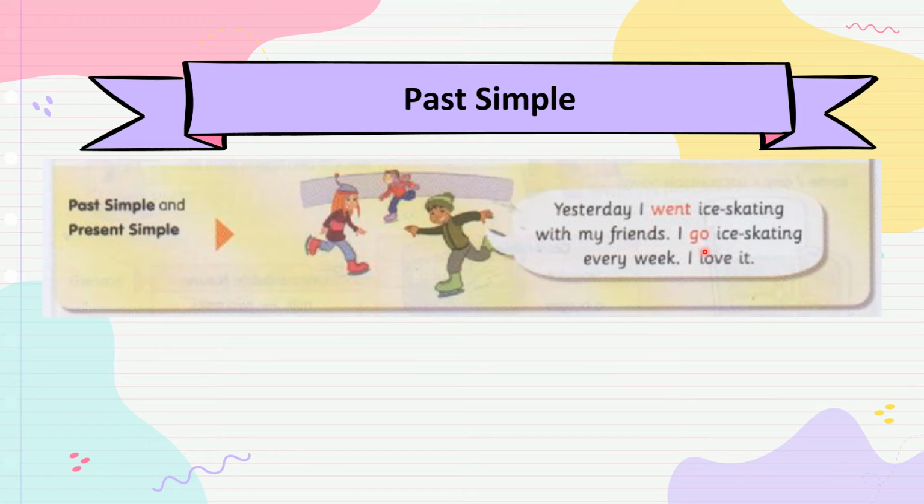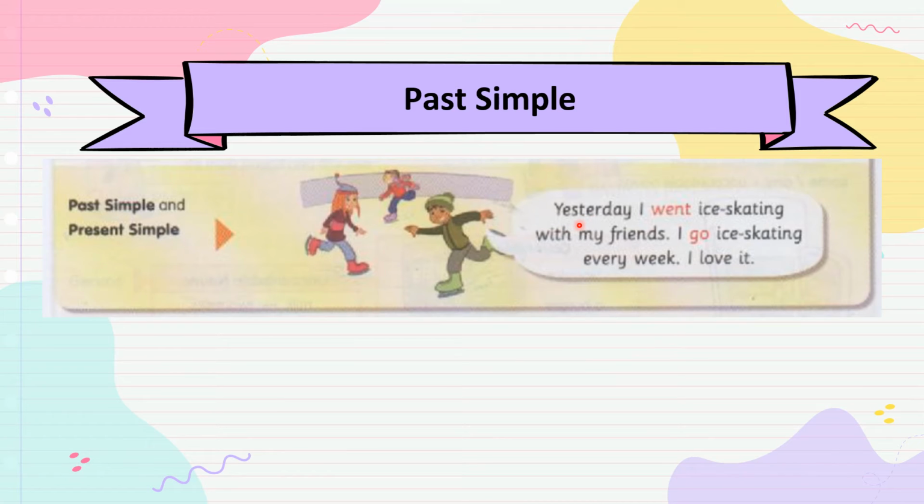Saya pergi meluncur ais setiap minggu. Go. Dia tak sama dengan went sebab benda yang dilakukan kerap. Okay, present simple pun kita gunakan untuk benda yang rutin kita lakukan. Every week kita akan buat, every day kita akan buat. So, I go ice skating every week. I love it. So, awak akan nampak difference here.